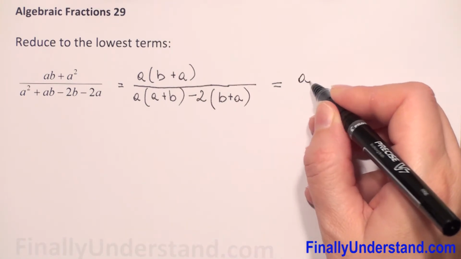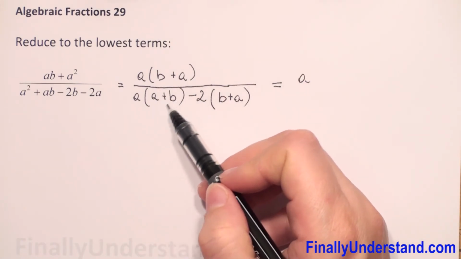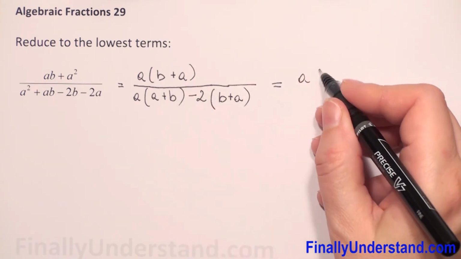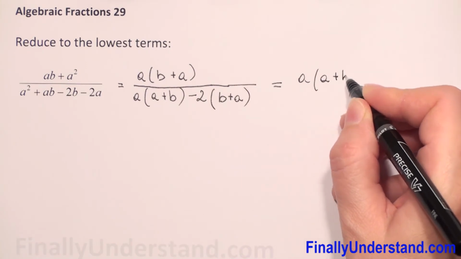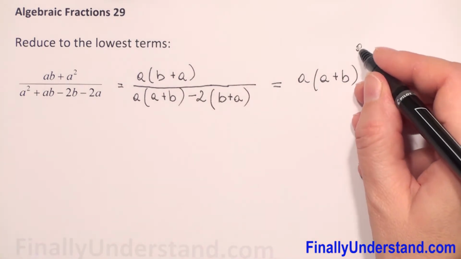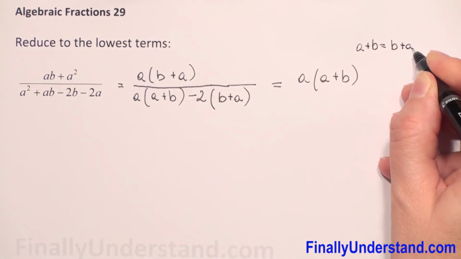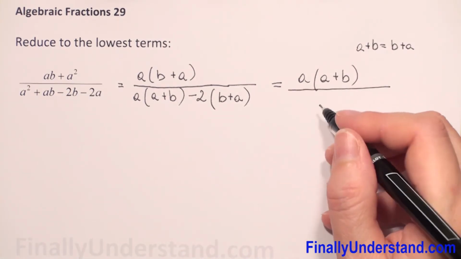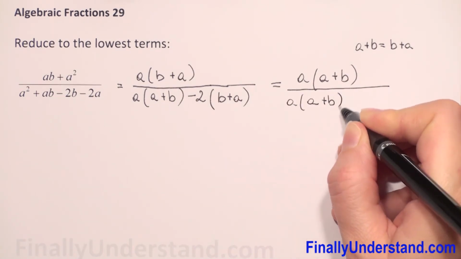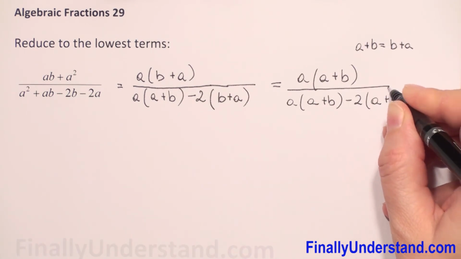So let me copy our numerator, and because we have in the denominator a plus b, I will change b plus a to a plus b in the numerator, because a plus b is equal to b plus a, and we will have a times a plus b minus 2 times a plus b.